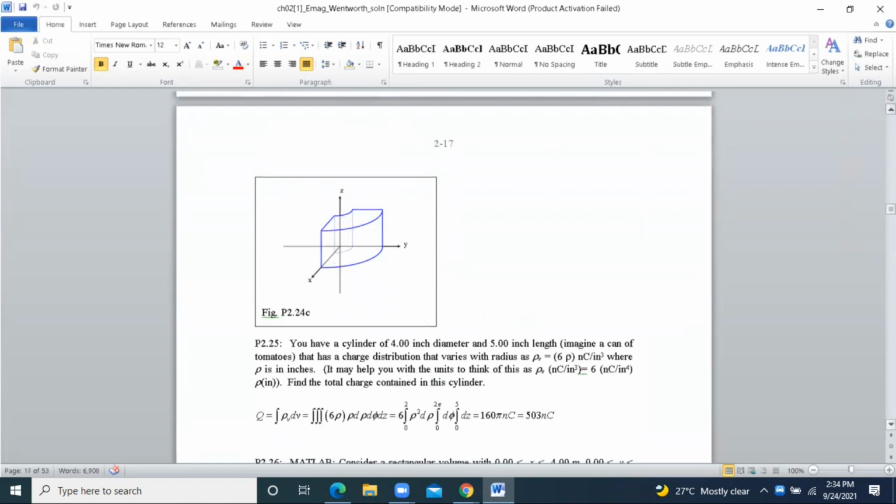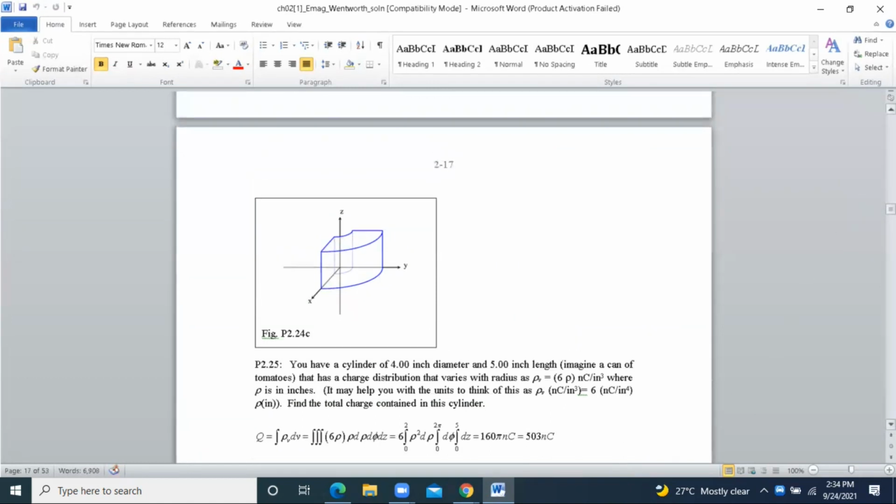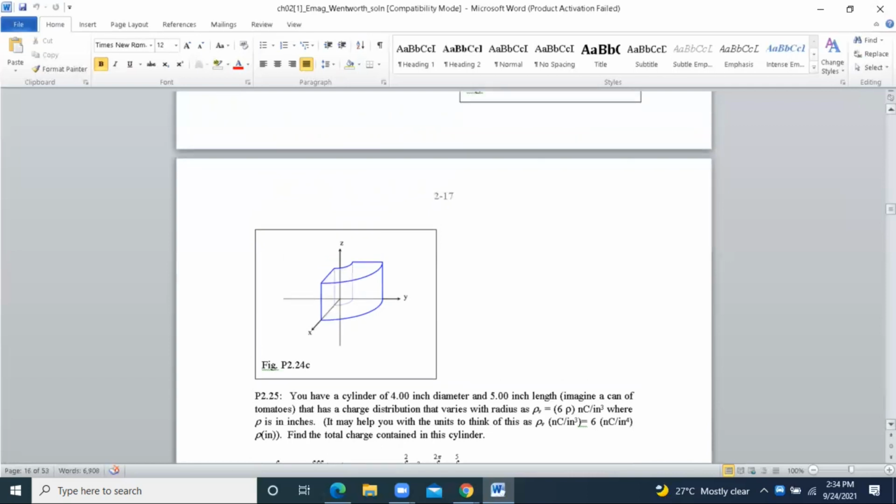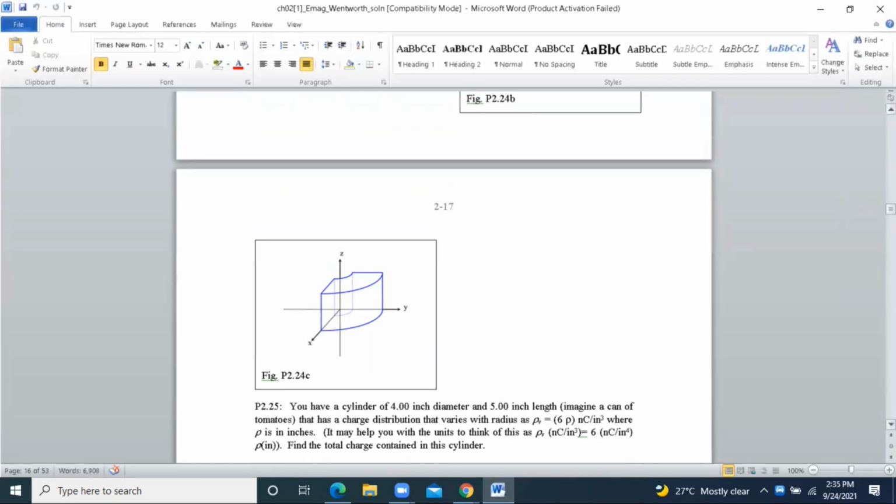Okay. So attempt this one, problem 225. If you just sit there and don't attempt, and when you get homework, you don't do it, what are you gonna expect?